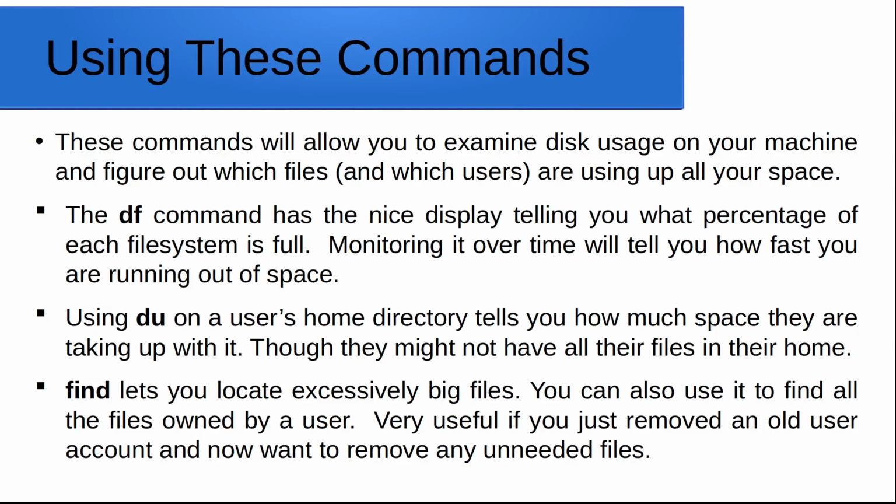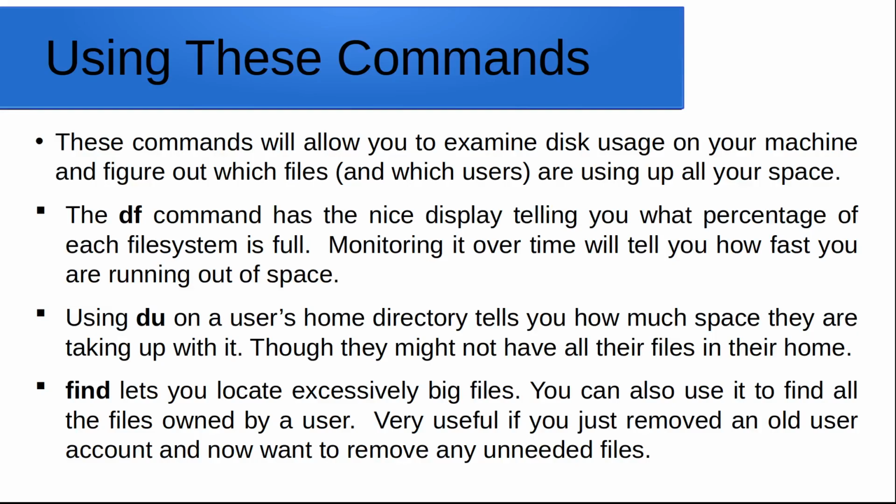Now all of these commands that we've talked about, df, du, find, help you figure out what's going on with your disk and find out which users or files are taking up all your space. They all do things a bit differently, and they all have slightly unique uses. You're not just going to use one of these, you're going to use all of them to find out information. df is nice because it's got a nice display.